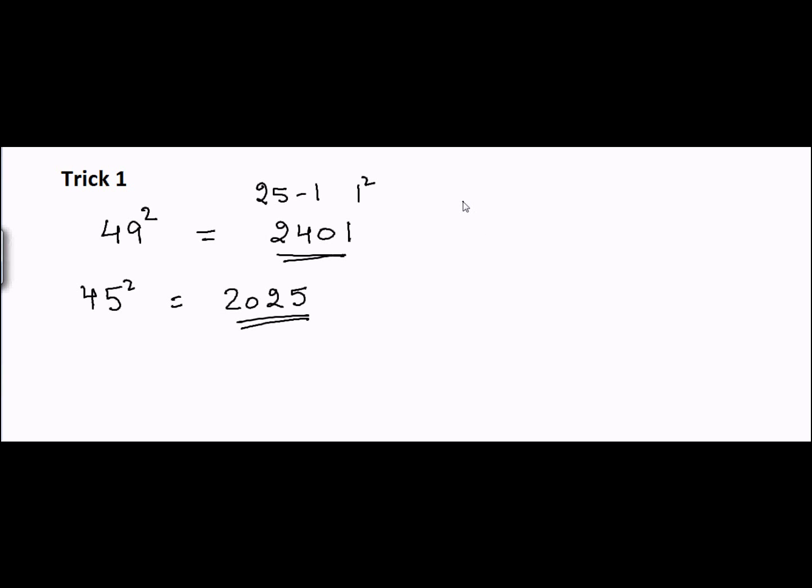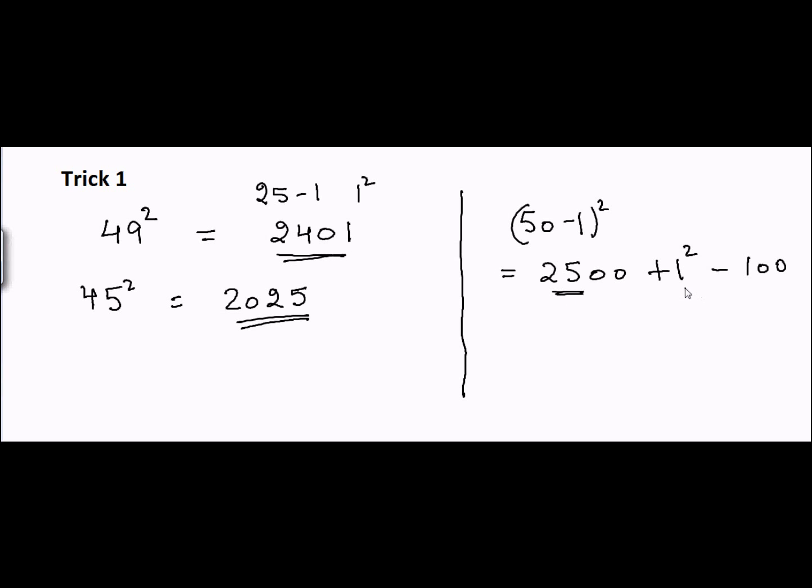It's very easy. For 49, suppose I'm saying 50 minus 1 whole square, and in that case that will be equal to 2500 plus 1 square minus 100. As you can see, this is where the 25 comes from, and this is where the square comes from.